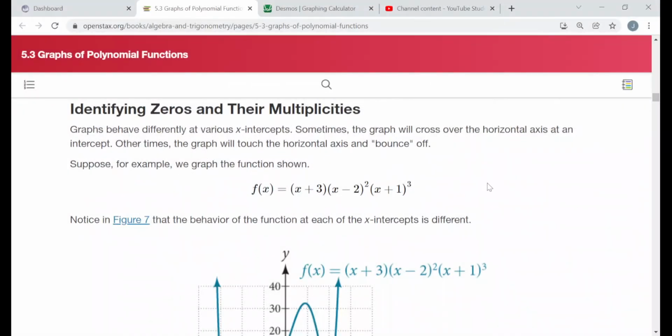Alright, so each example I'm going to be doing in this video is taken directly from a free online textbook at openstax.org. I'm in their Algebra and Trigonometry text, section 5.3, called Graphs of Polynomial Functions, and under the heading Identifying Zeros and Their Multiplicities.